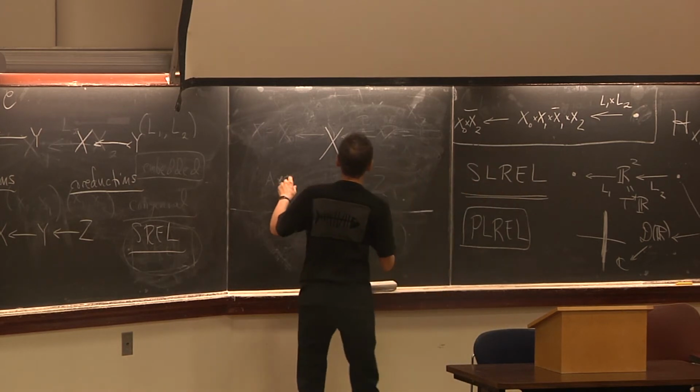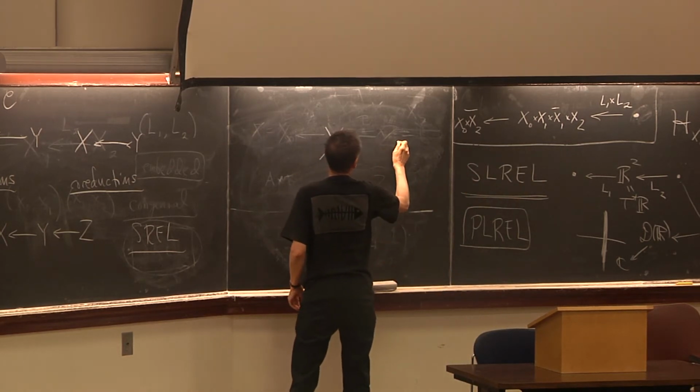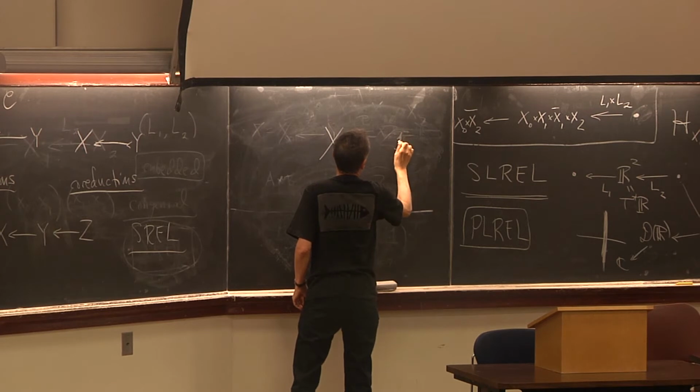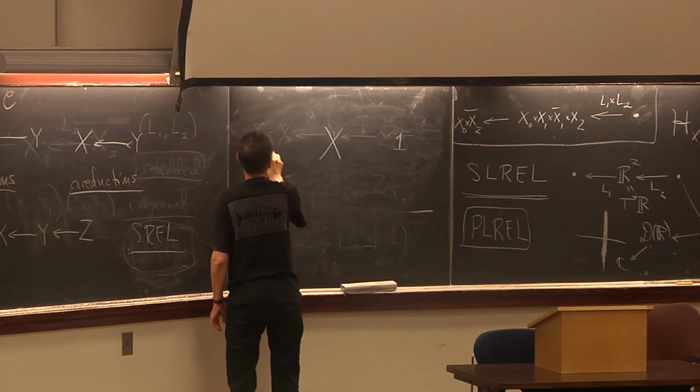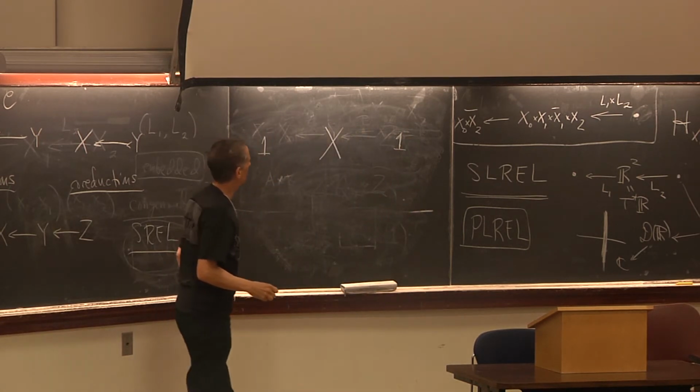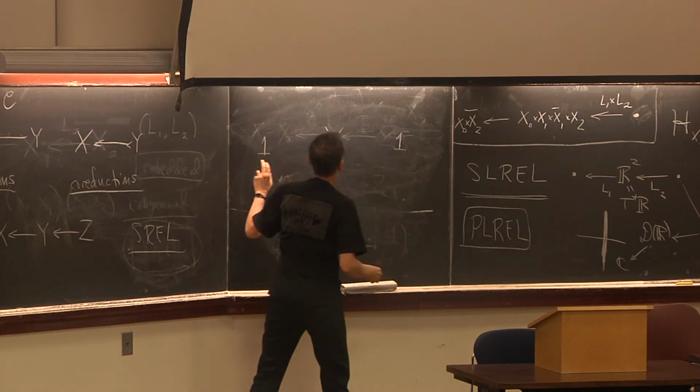Okay, so remember 1 is the zero-dimensional vector space. What is a WW morphism from 1 to 1?